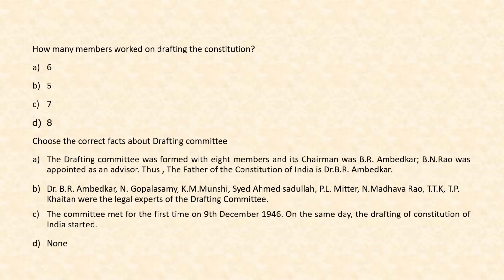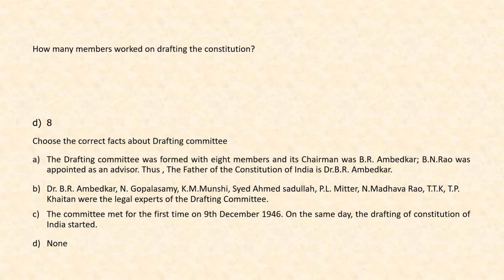How many members worked on drafting the Constitution? 8. Choose the correct facts about the drafting committee. The drafting committee was formed with 8 members and its chairman was B.R. Ambedkar. B.N. Rao was appointed as an advisor. Thus, the father of the Constitution of India is Dr. B.R. Ambedkar.